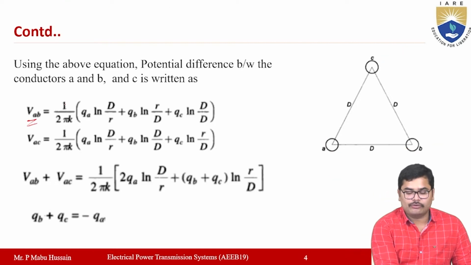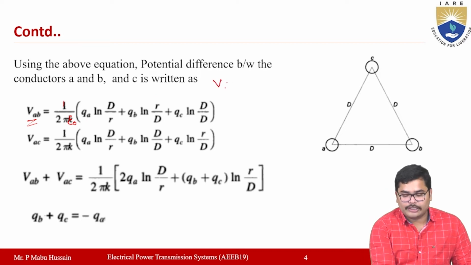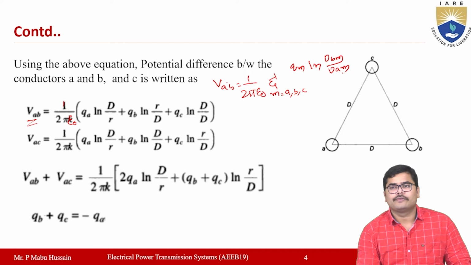So VAB is equal to 1 by 2 pi epsilon naught sigma, M equal to A, B, C, QM ln DBM by DAM.